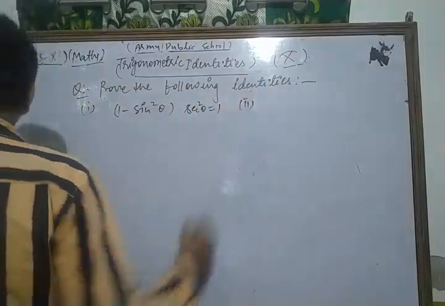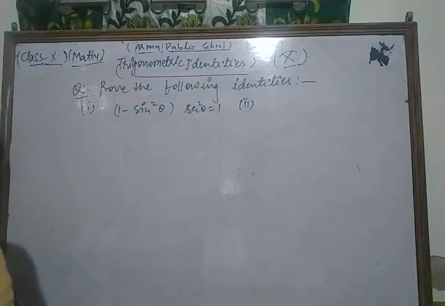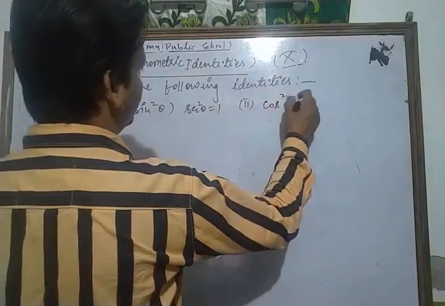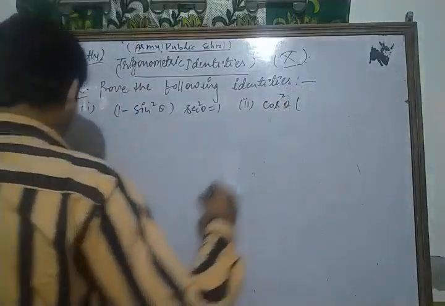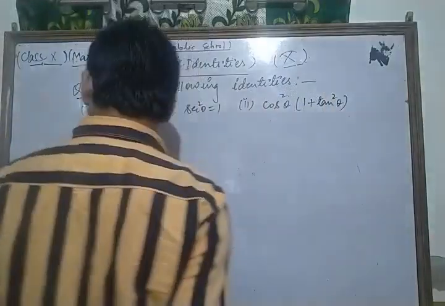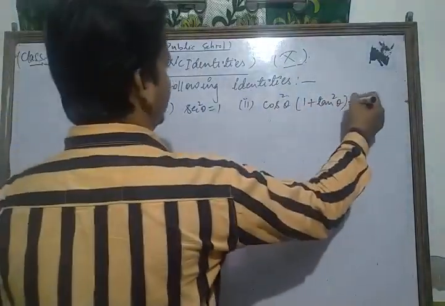Second one, cos square theta into (1 plus tan square theta) is equal to 1.